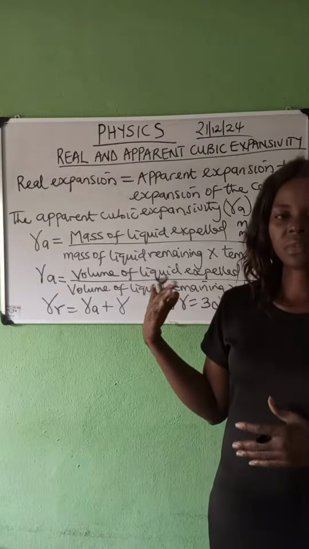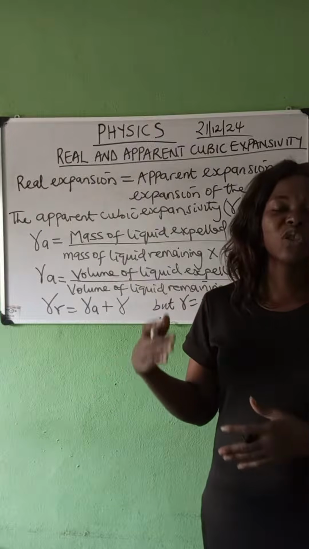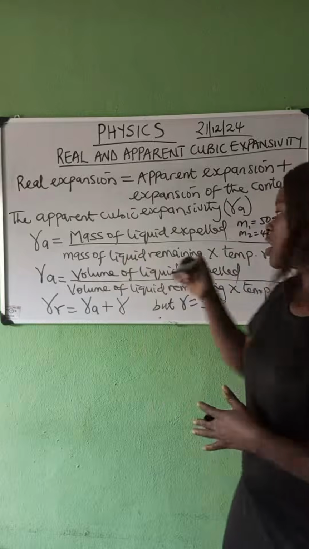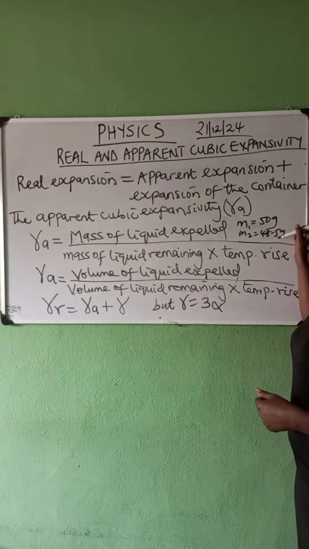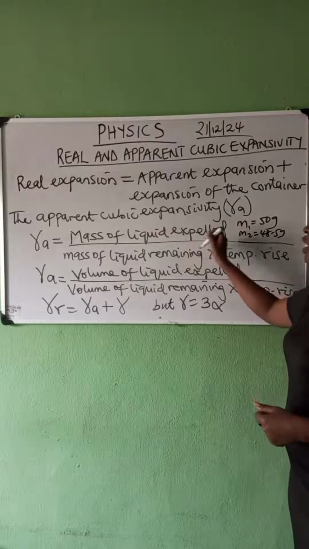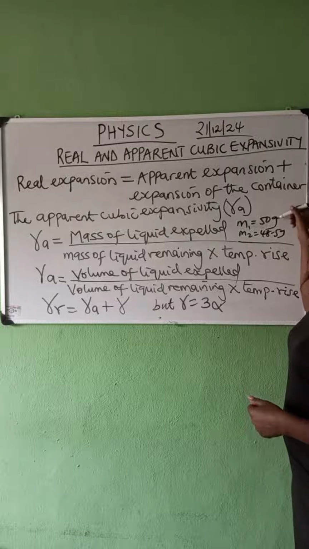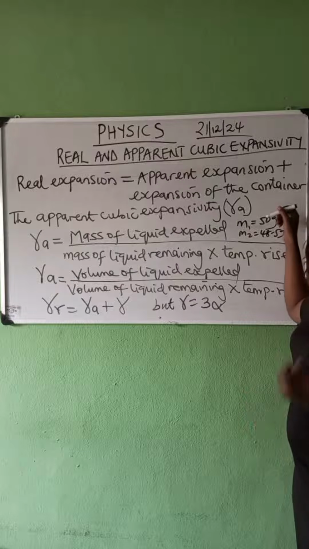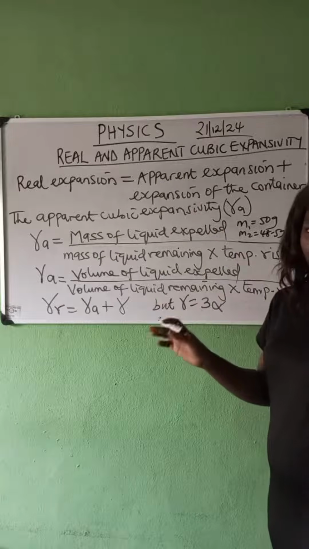Because some liquid has been lost through evaporation. Once you heat, it's going to evaporate. So that is why the first mass is always greater than the second mass. Now, how do you know the mass of the liquid expelled? You subtract the remaining mass from the one that was there before we started heating, and you can know the mass of the liquid that has been expelled. I hope that is clear.